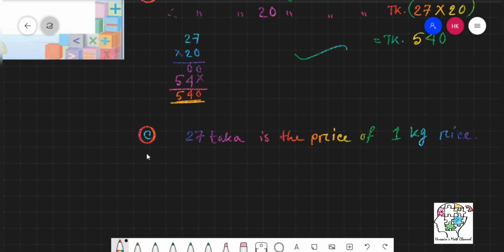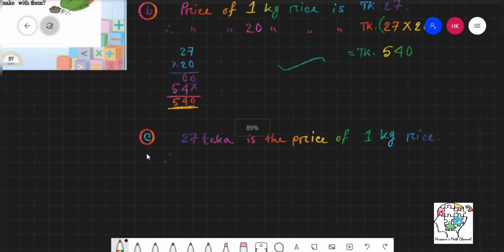So therefore 270 taka is the price of 270 taka. Can we get 270 taka to buy 270 kg rice? No, we can buy less. So it will be division. So 270 divided by 27.